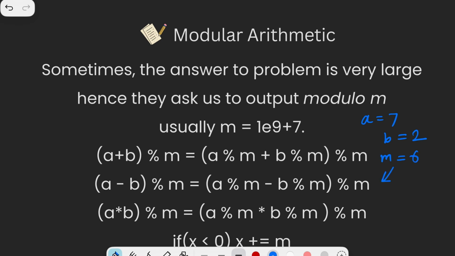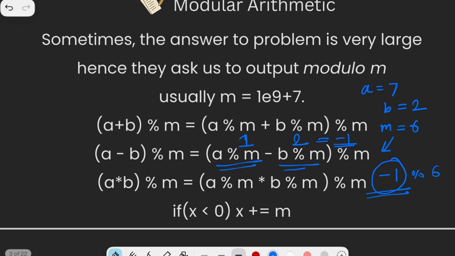If you see (a minus b) modulo m, well, a mod m will be 1, right? b mod m will be 2, and 1 minus 2 you will get minus 1. Then you have minus 1 mod 6. Now this result is less than 0. So you need to add the value of m before taking the mod again. So minus 1 plus 6 is going to be 5. Then you take the mod.